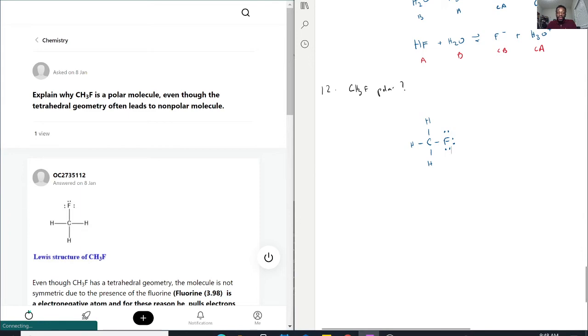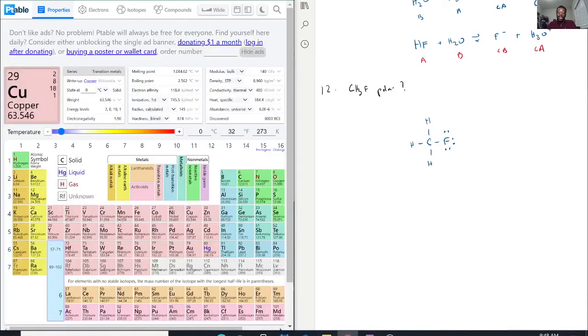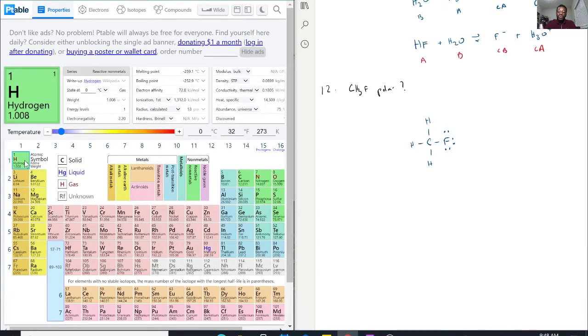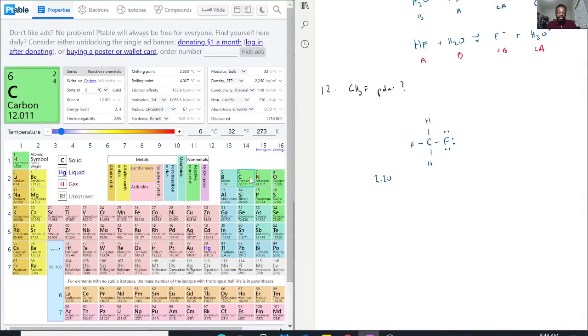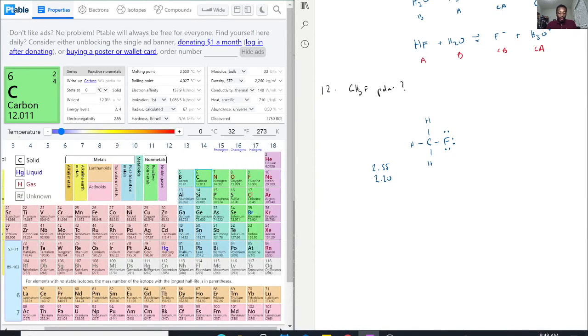If you go over to our periodic table, hydrogen has an electronegativity of 2.2. Carbon has an electronegativity of 2.55 specifically. But fluorine, funny enough, the most electronegative element as we know of to this date, has 3.98.